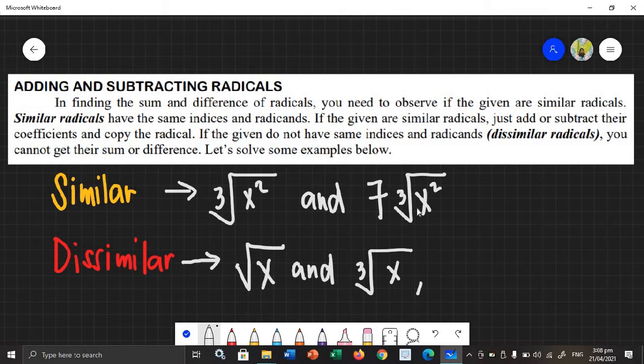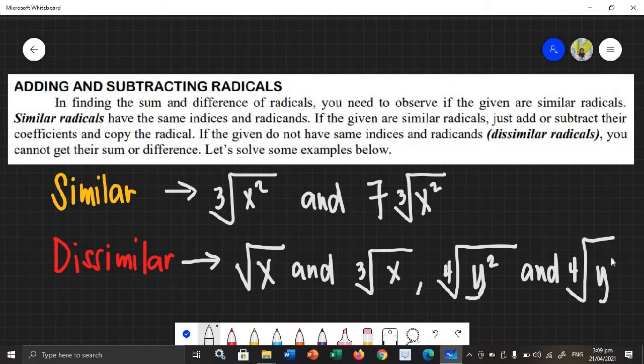Or, it can be same sila ng indices, pero iba sila ng radicand naman. Let's say, I have this example. Fourth root of y squared and fourth root of y to the third.